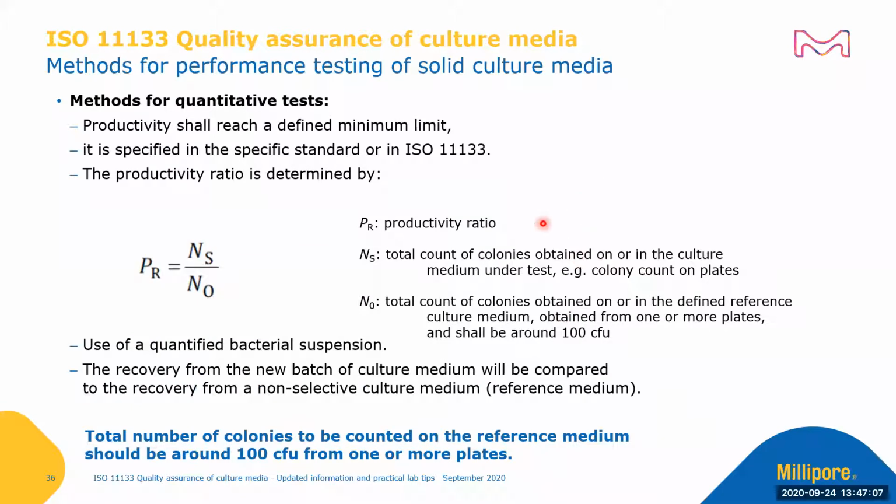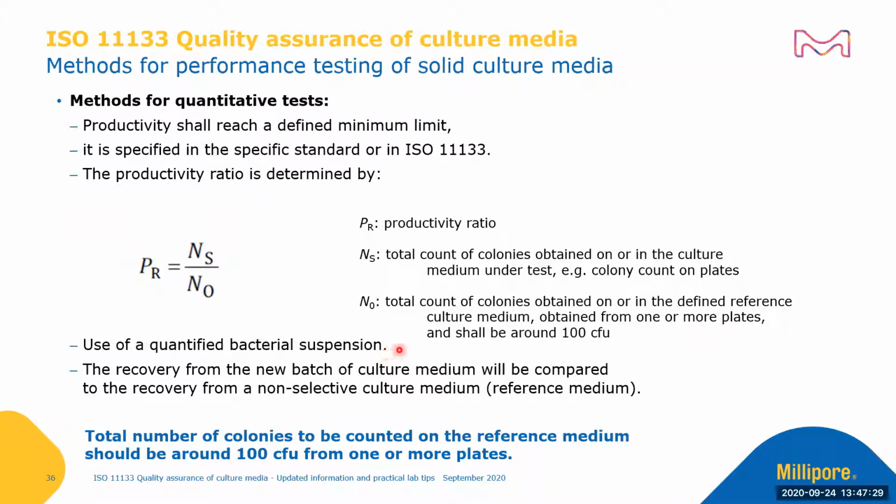So the method for quantitative testing: the specified productivity has to be reached, which is determined by using the total count of colonies from the test medium and compared to the total count of colonies obtained from the reference medium.